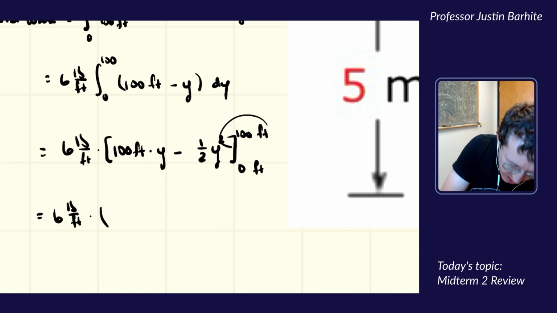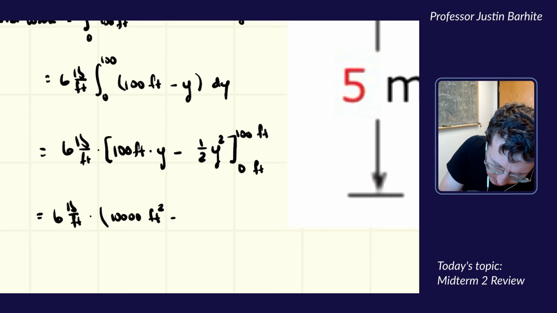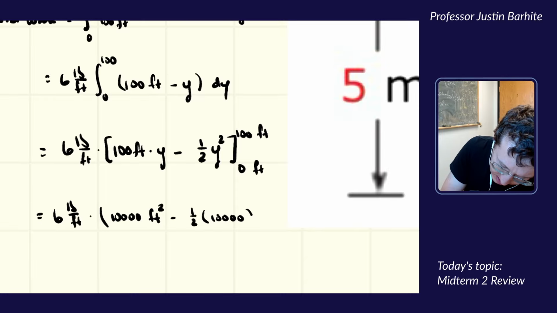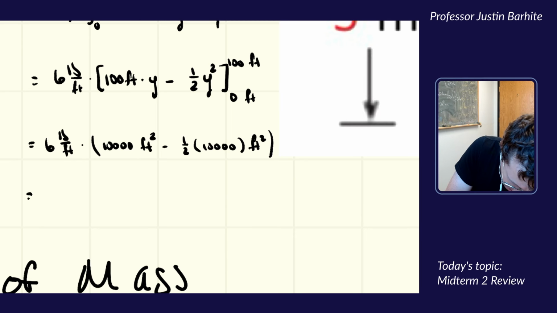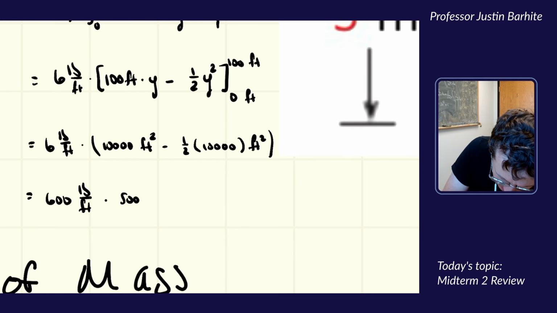So when I plug in 100, I get 10,000 feet squared minus 1/2 of 10,000. And again, that's feet squared. Half of 10,000 is 5,000. 10,000 minus 5,000 is 5,000.